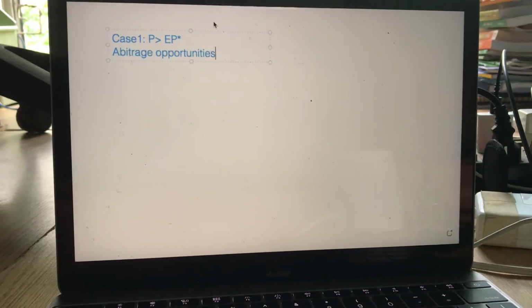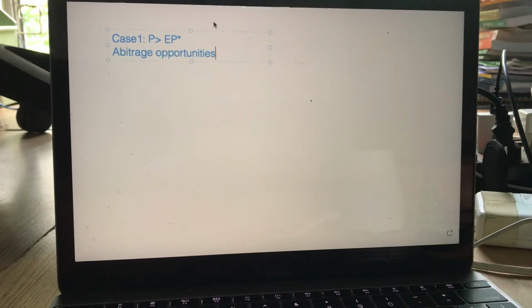What is the arbitrage opportunity here? And when the arbitrator makes a transaction, what are the consequences for the economy? Please think about that. We have two questions here.